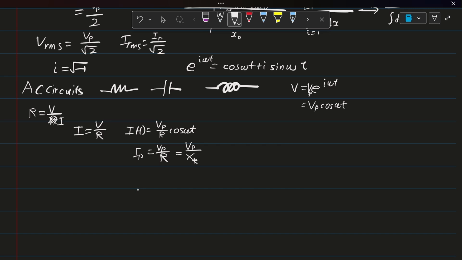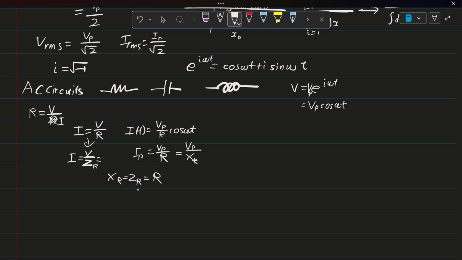And this only works when you're dealing with the peaks. But when you're dealing with the actual function, like this guy, this is normally described with a Z, which represents impedance. So it turns out that XR and ZR are the same in here, which is the resistance.